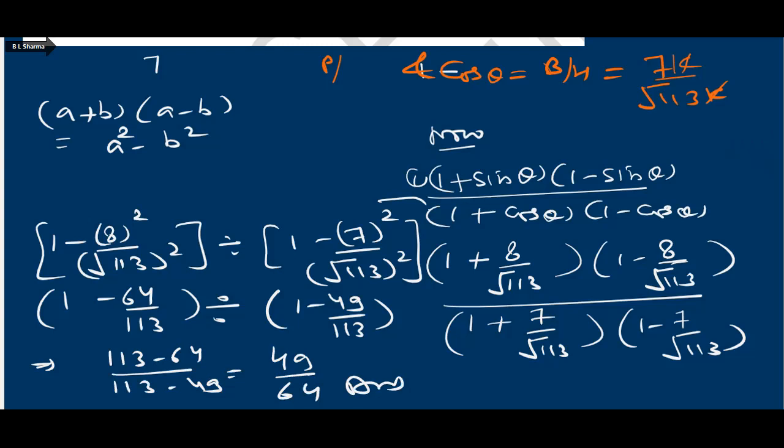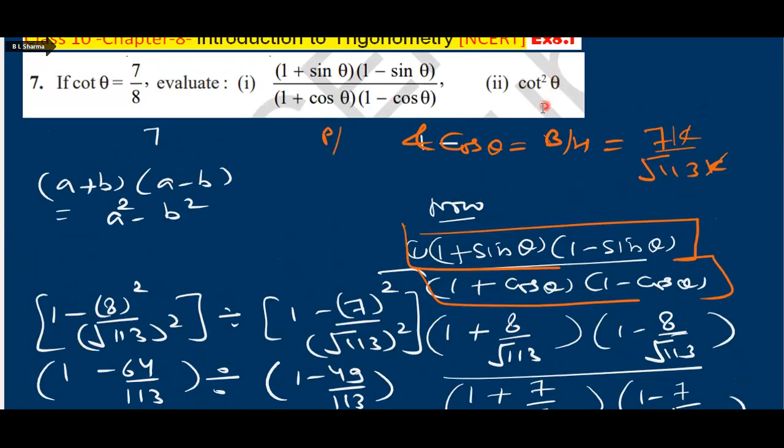So it means the answer of 1 plus sine theta into 1 minus sine theta upon 1 plus cos theta into 1 minus cos theta is 49 upon 64, and that is the correct answer.